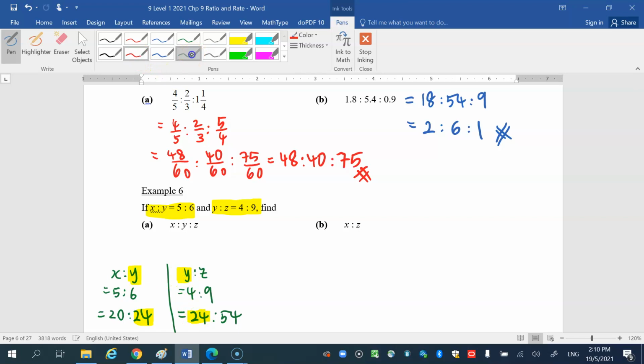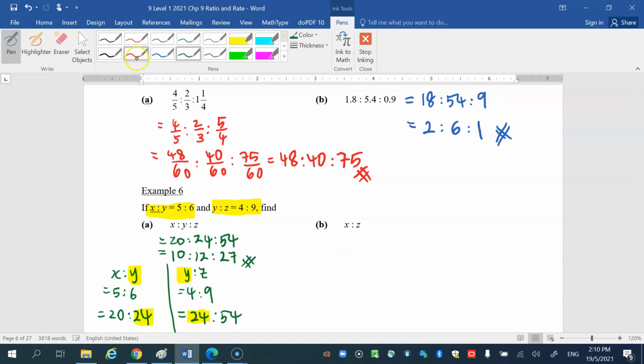Therefore, I can write x is to y is to z as 20 is to 24 is to 54. But this is not in the simplest form, so I'm going to divide by 2. So I get 10 is to 12 is to 27. And this is my final answer.